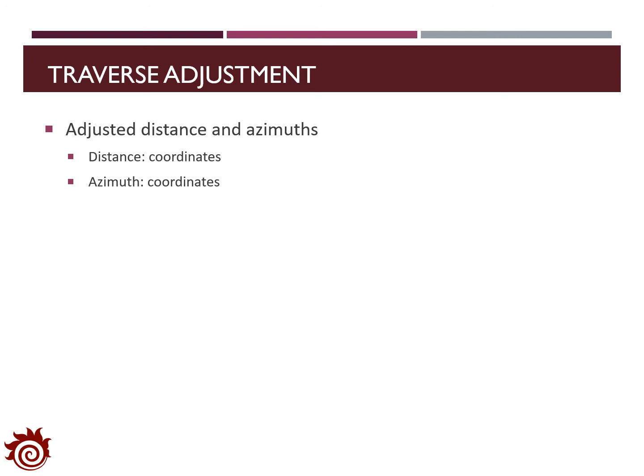For the adjusted distance, say that dij hat will equal the square root of (xj hat minus xi hat) squared plus (yj hat minus yi hat) squared. Here, x hat and y hat represent the adjusted departure and latitude.